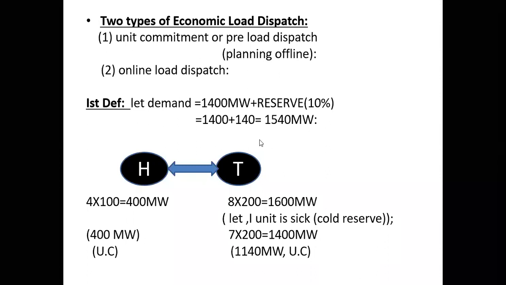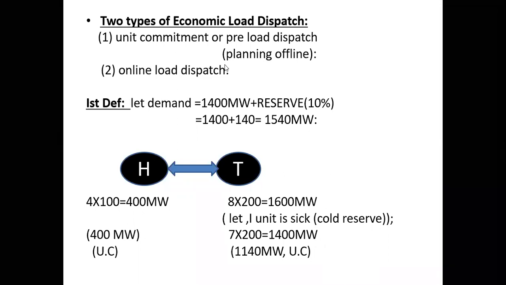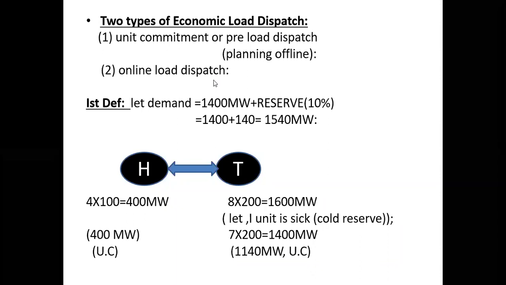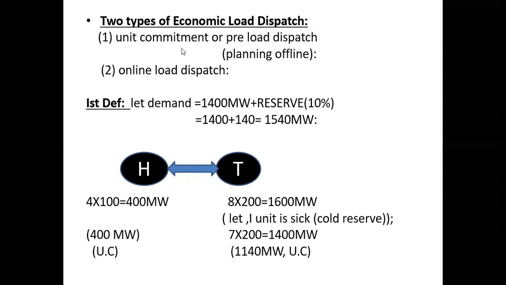Just remember your previous example. Healthy units means 15 members are there. Out of that 15 members, we are taking only 11 members plus one extra player. Similarly, here also, the same thing. That is nothing but the definition of your unit commitment.